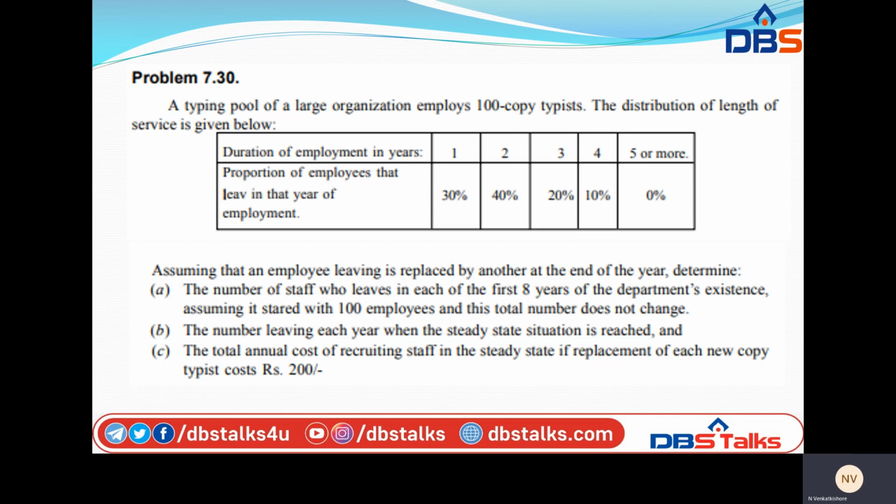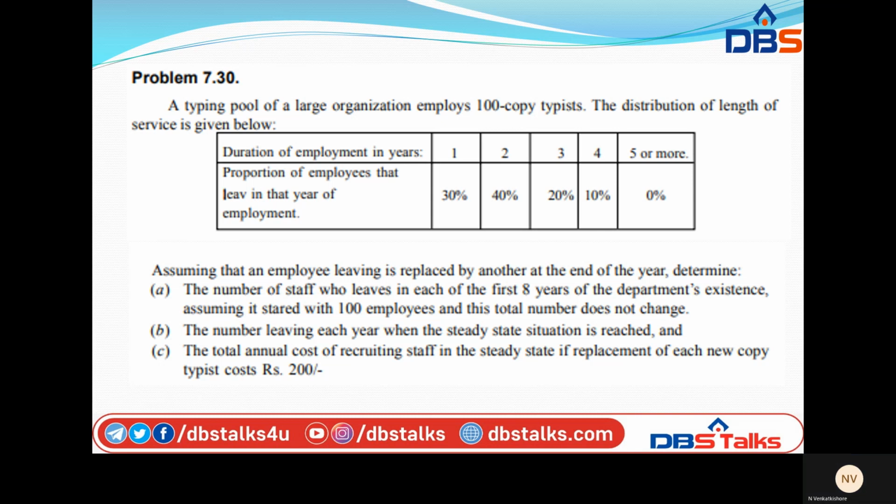Like that they have given the duration. But the proportion of leavers is 30%, like that. So assuming that the employee leaving is replaced, that is, there may be a vacancy when the employee has left the organization, and the vacancy is to be replaced.